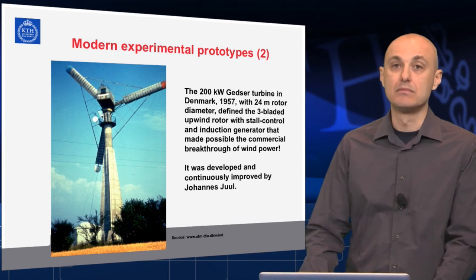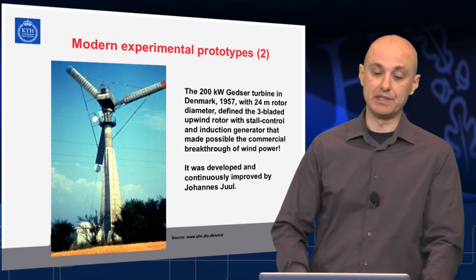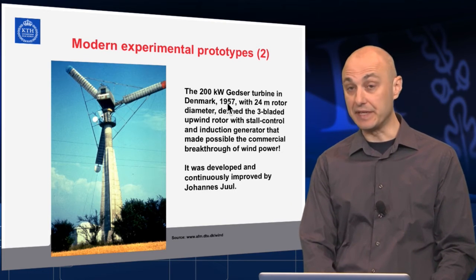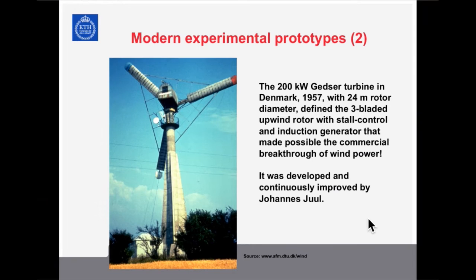Then we come to one of the most iconic devices of the modern time. In the 50s, this turbine survived until the 60s, even until the 70s, even until the 80s. It was still there and was able to operate.